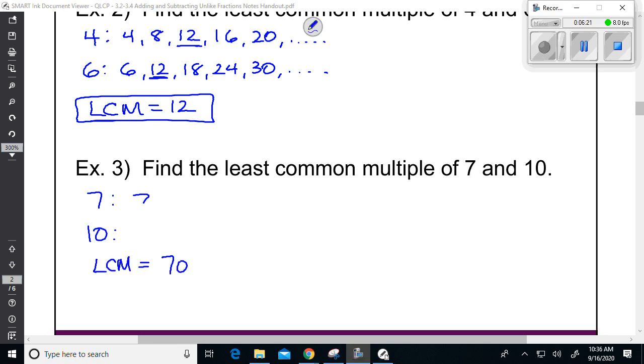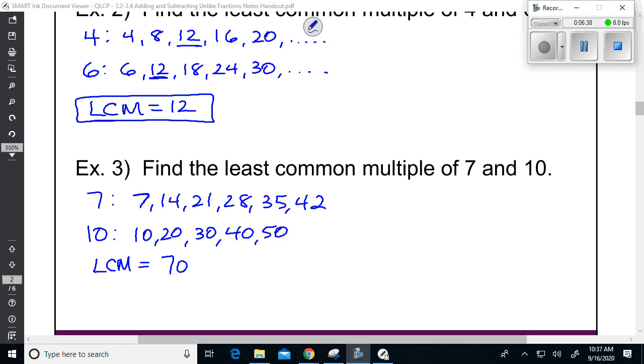Recorder back on. So for 7, you have 7, 14, 21, 28, 35, 42. So normally, do the first 6. See if you get a number.